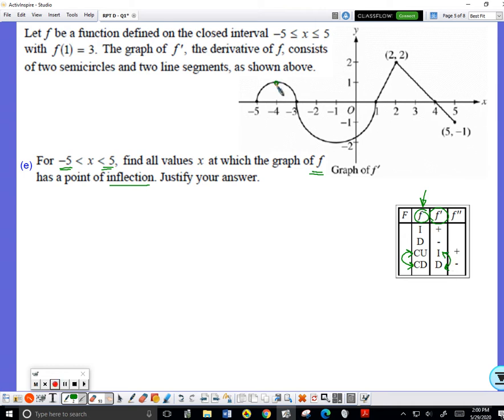That's here, here, and here. So that's what I write. At x equal -4 and x equal 2, f prime changes from increasing to decreasing.